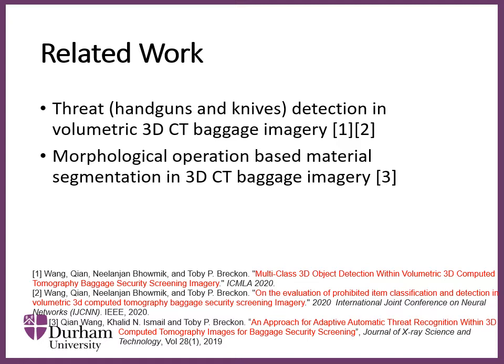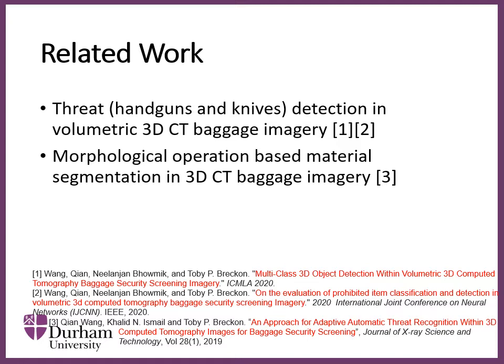We applied 3D object detection algorithms for threat item detection in 3D CT volumes for baggage security screening in airports. 3D bounding boxes are predicted by 3D convolutional neural networks given the baggage CT volumes as the input. This has been proved to be effective in detecting threat items with specific shape characteristics like handguns and knives.